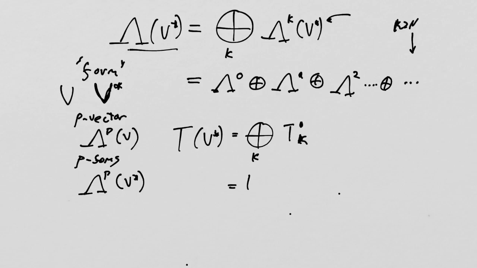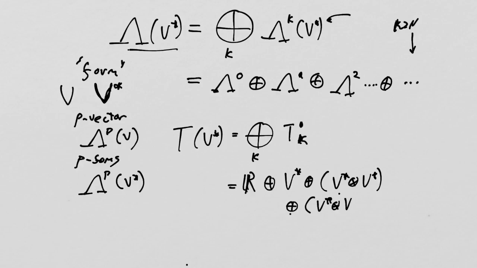That would have been the real numbers, direct sum the dual vector space itself, plus the dual vector space tensor product the dual vector space, direct sum, etc., where we just keep adding another tensor product until it goes on forever.